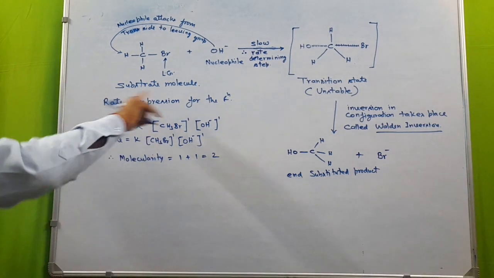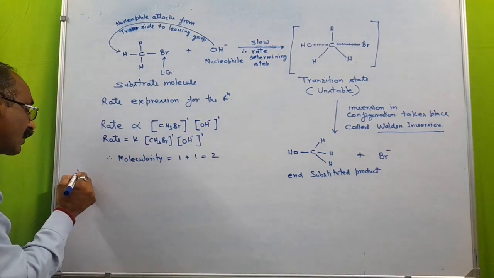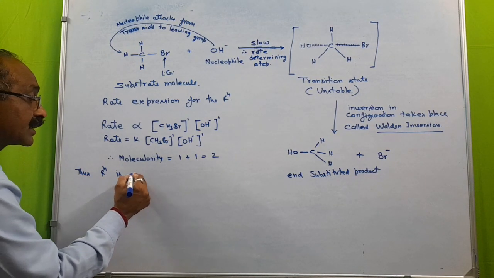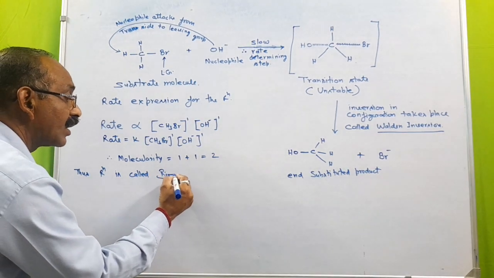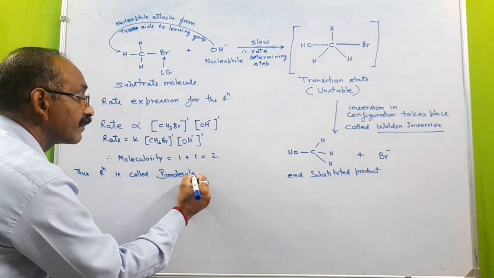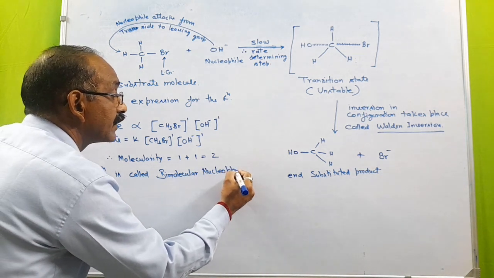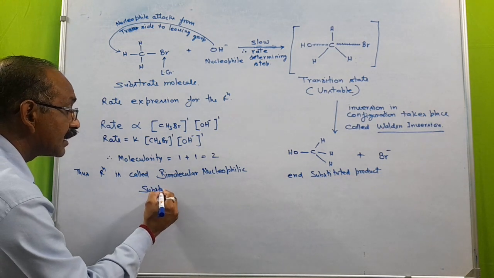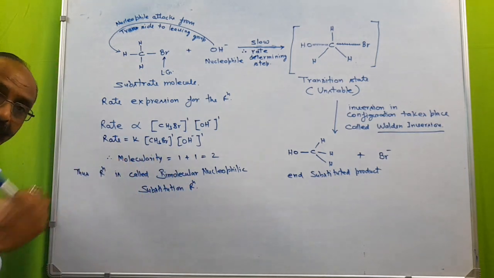It means for this reaction the molecularity is 2, and therefore the reaction is called bimolecular nucleophilic substitution reaction or mechanism.